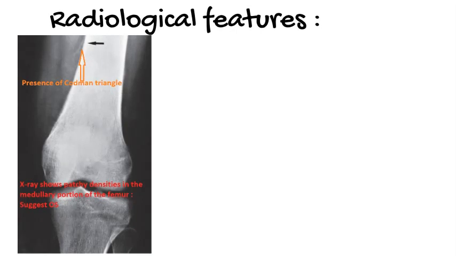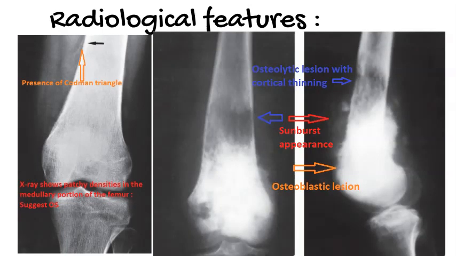The first X-ray will show the presence of Codman's triangle due to periosteal elevation. This X-ray shows patchy densities in the medullary portion of the femur, such as osteosarcoma. The next X-ray shows a distal femur X-ray.